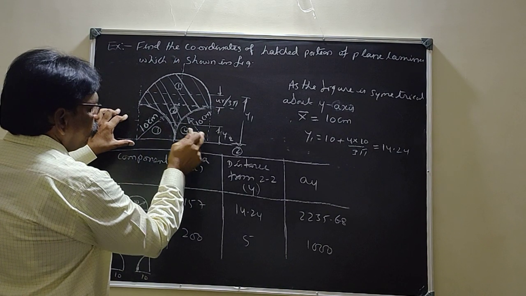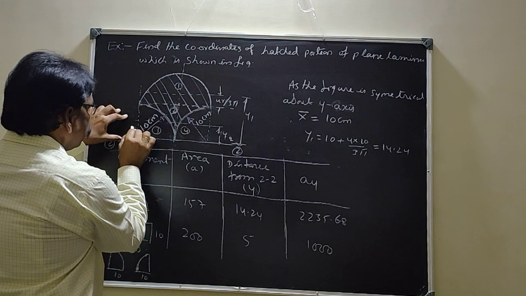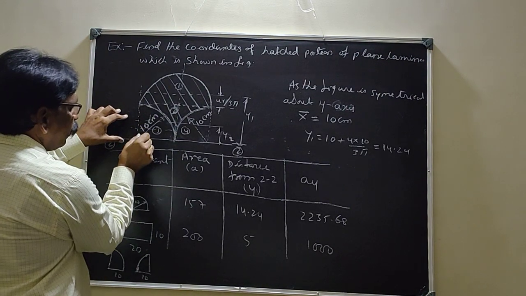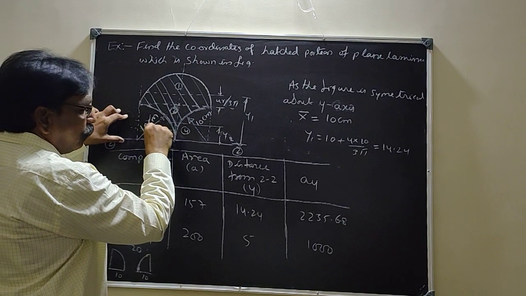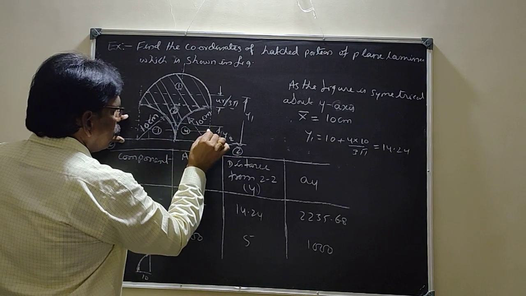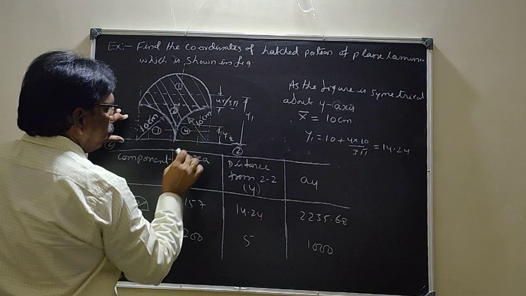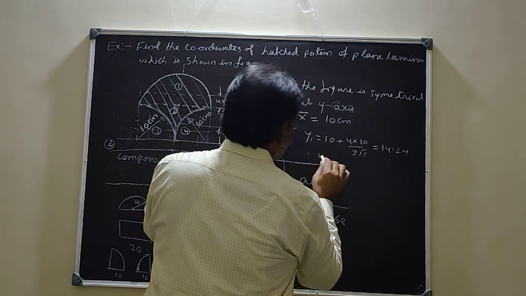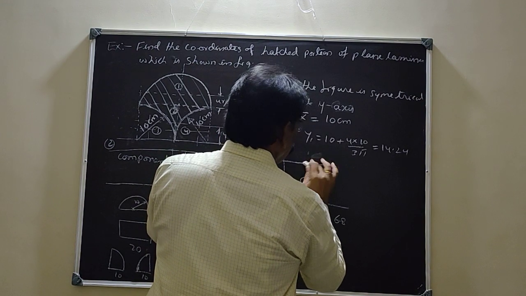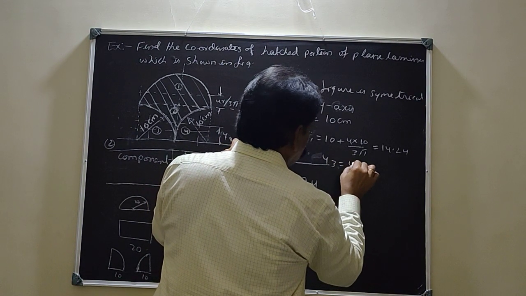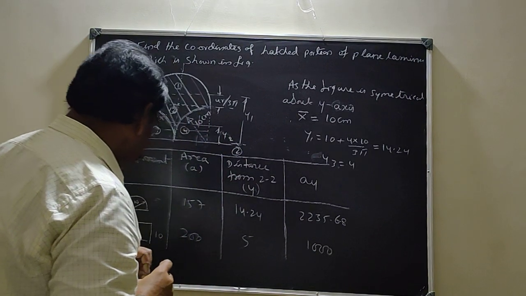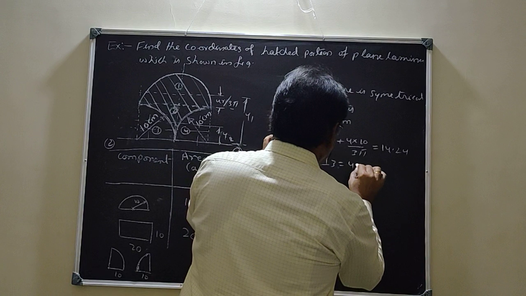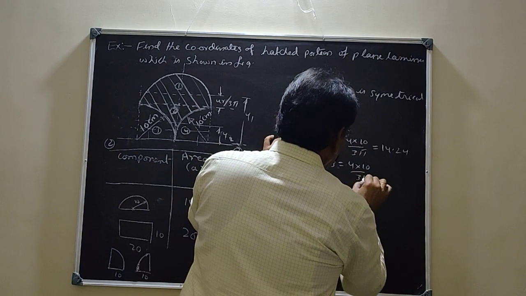That means the areas you will get are the same, and even the centroidal distance for a quadrant from both the axes will be at a distance of 4r by 3 pi. So therefore for this also we get the same 4r by 3 pi. That means y3 is equal to 4r by 3 pi, so 4 into 10 divided by 3 pi.